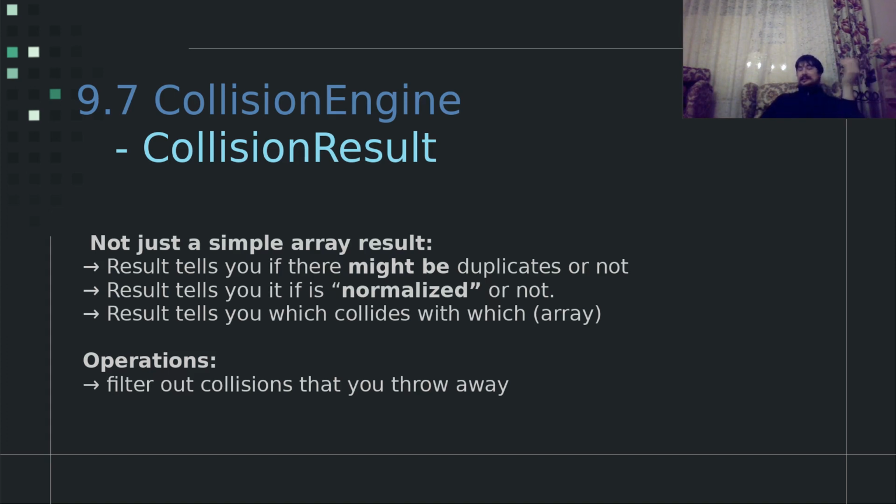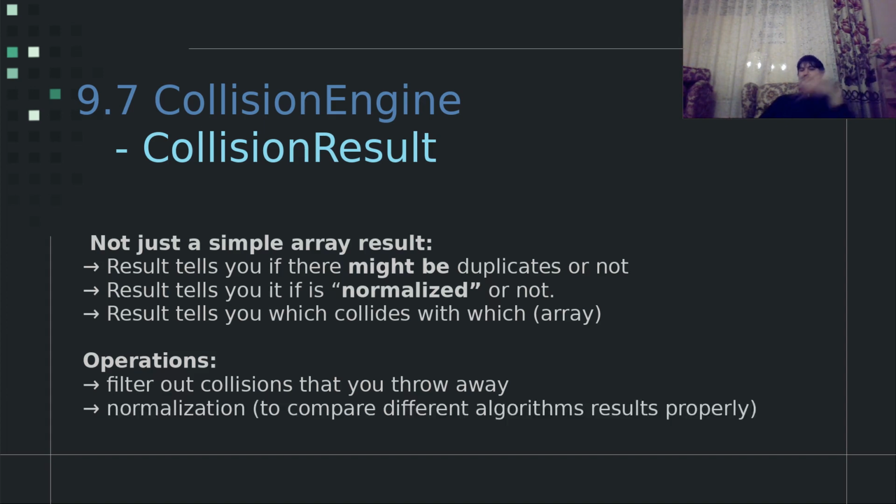And you can filter some of them out, throw some of them out, because maybe you know some other conditions that you want to check, and it's not positional, but, I don't know, these objects are marked as dead or removed, or these objects are marked as not taking part in this computation. Anything that is not positional, you can throw them away.